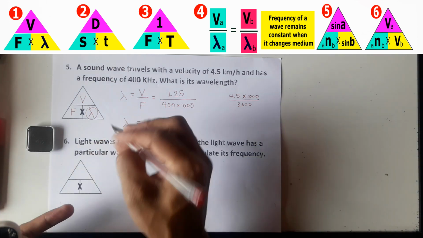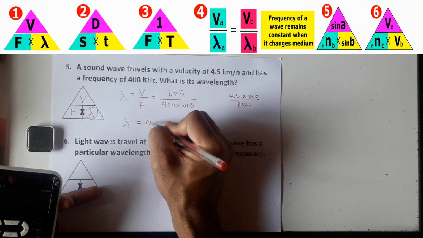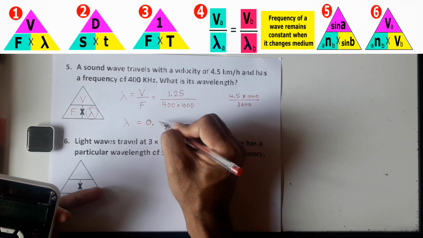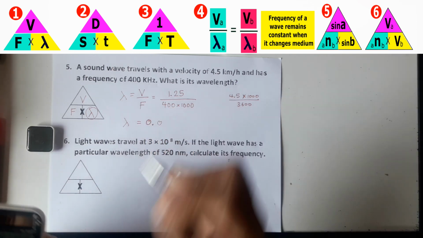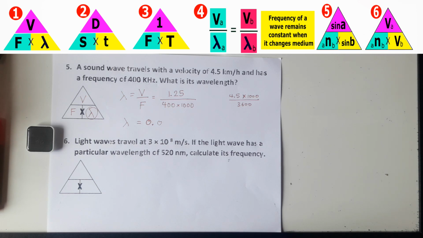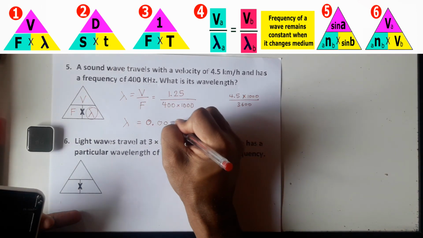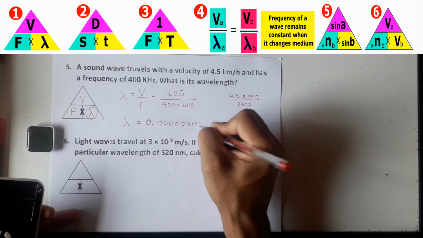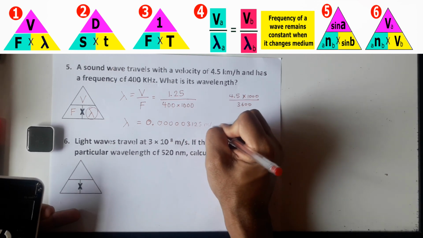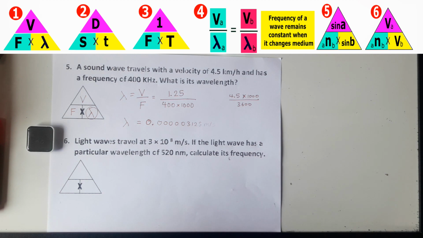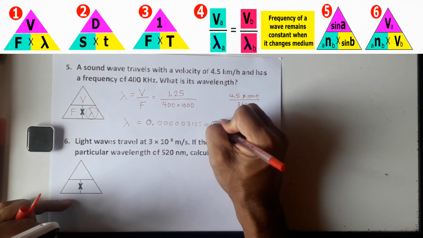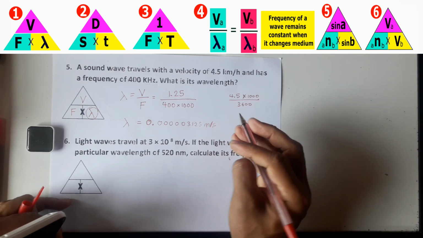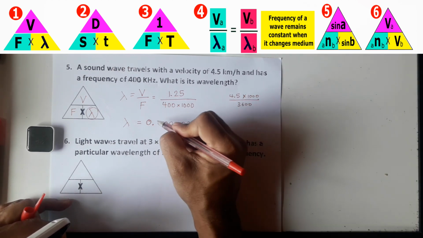Oh, gives me a pretty nasty number here. 0.0. Let's count how many zeros. 1, 2, 3, 4, 5. 3,125 meters per second.